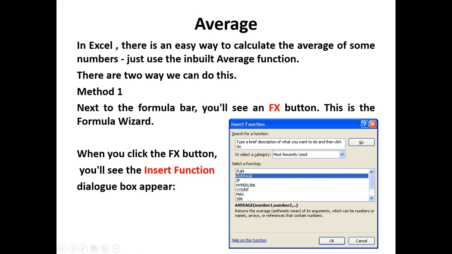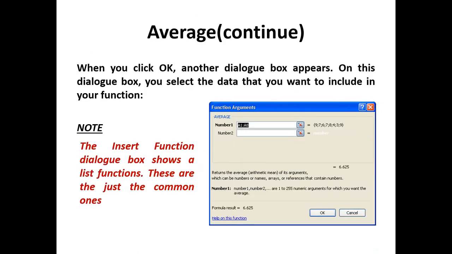For example, you can find the summation or average, or use an if statement, count, max, and any function you want, and then click OK. So you can find the average for any numbers. This is the function argument box to write an average.